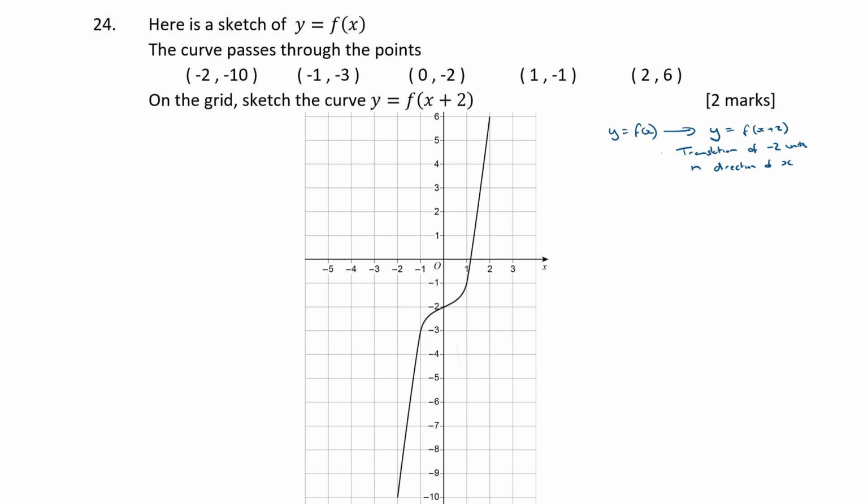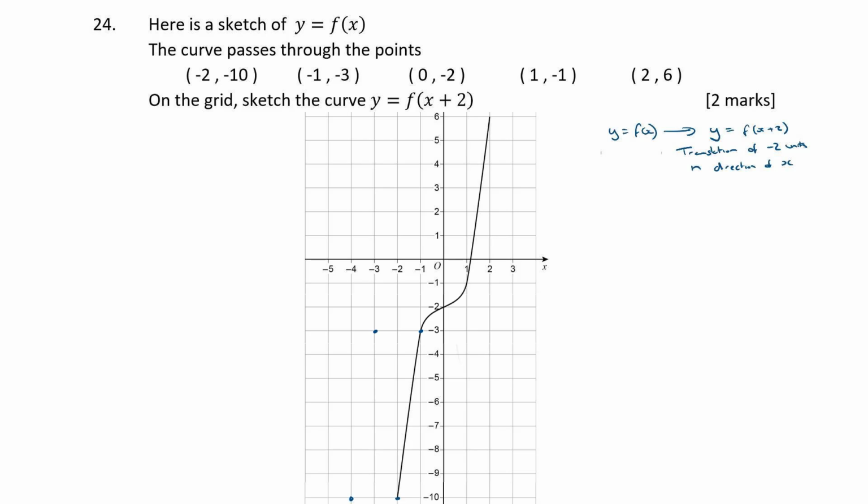So what we're going to do is take every point on this curve that we know, all the reference points, and plot them 2 units to the left. That first point at minus 2, minus 10 is going to move 2 units to the left, so that puts it at minus 4, minus 10. The next point along, which is minus 1, minus 3, is going to move 2 units to the left.